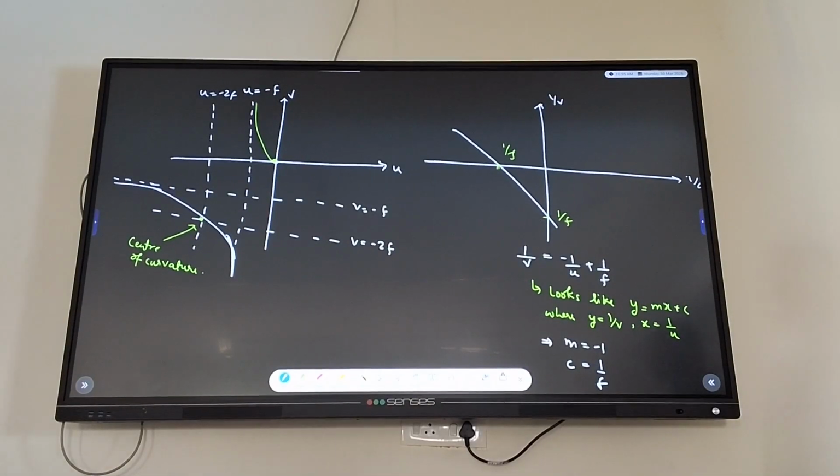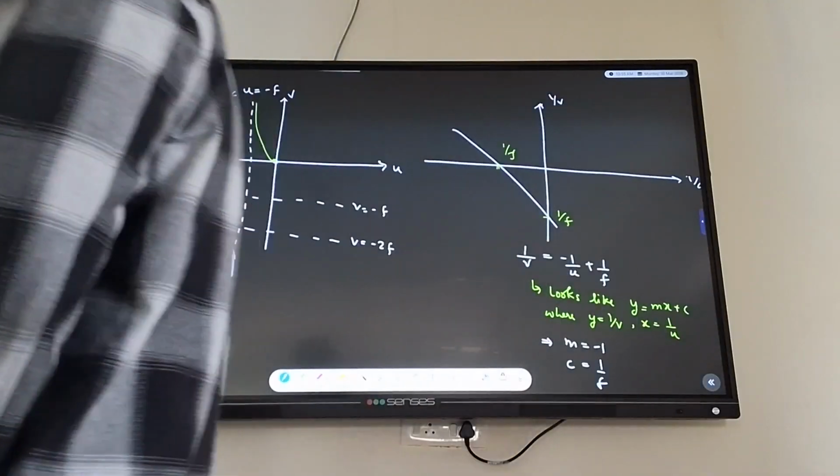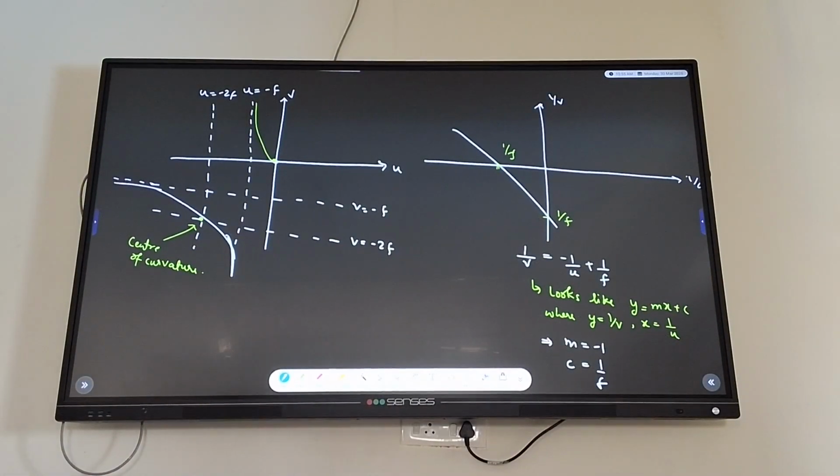Question number 12. Going away. Magnification, I'm going to call it.